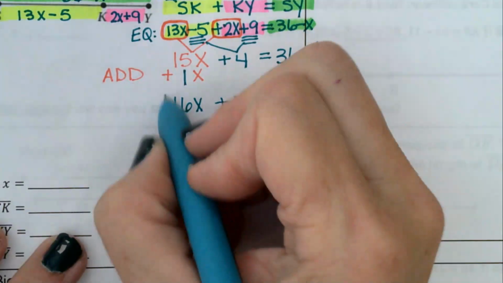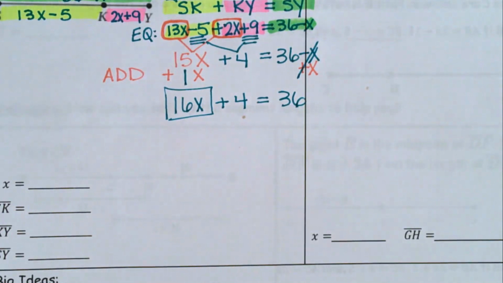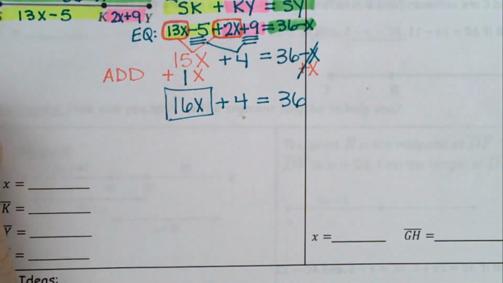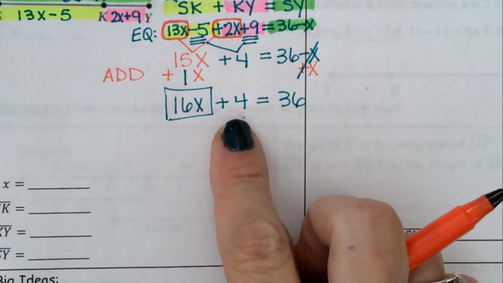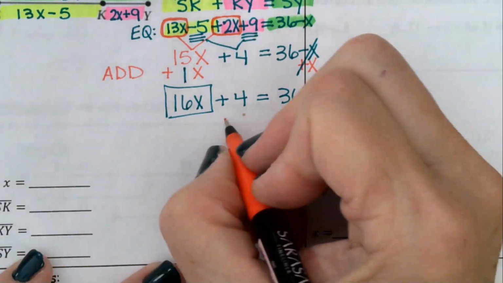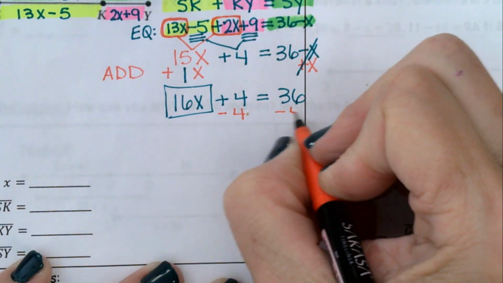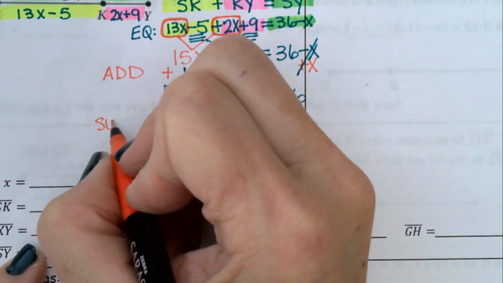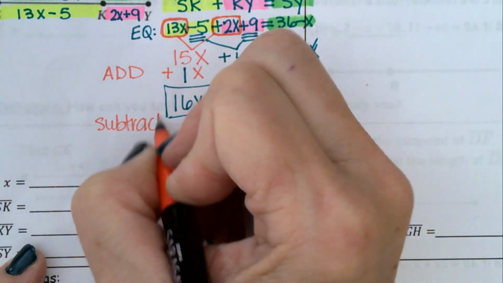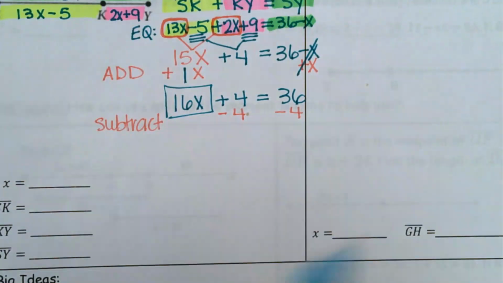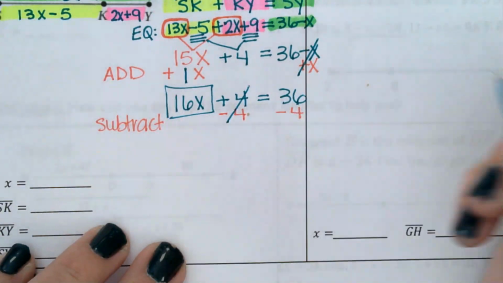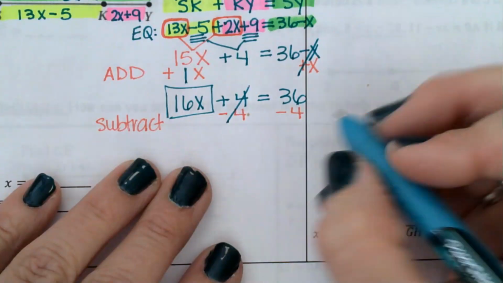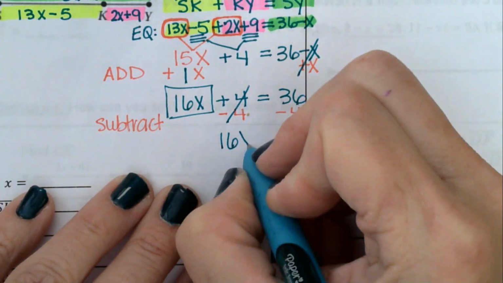Okay. Can't touch that until the 4 goes away. What's the opposite of 4? So we're going to put that there, and we are subtracting right now, right? Okay, 4's go away. They add up to 0. 16x is what is left.